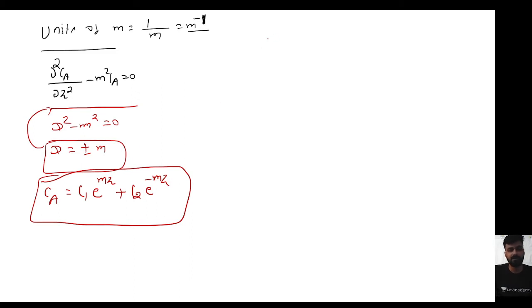Wow. Now try to understand this. This was our cylindrical pore. It has z equals 0 and z equals L. At z equals 0, the concentration is C_A0, and at z equals L we will have to calculate first. At z equals L, what will happen here? Just try to understand.